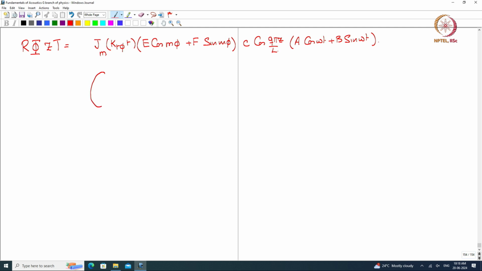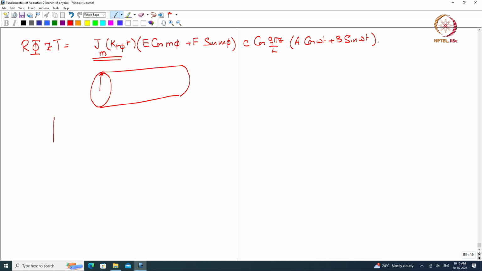Now we have the r direction also. Okay. In the r direction, we are only including the first kind Bessel functions.